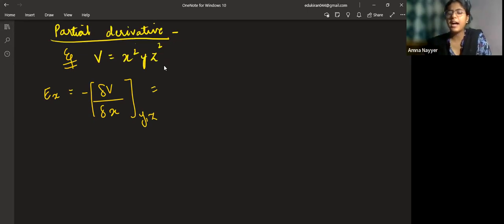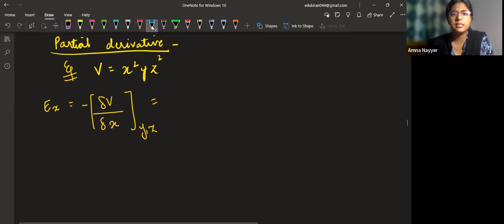So in this term, y is a constant. So y will come here as it is, no changes. And z is also a constant, so z square will be as it is.